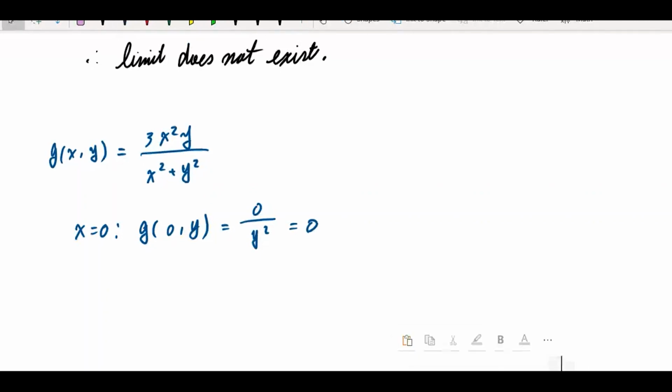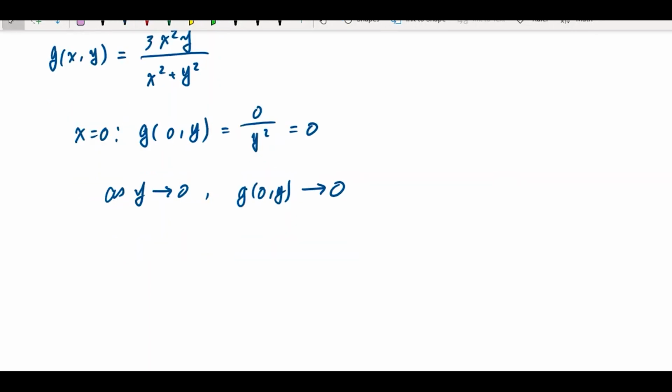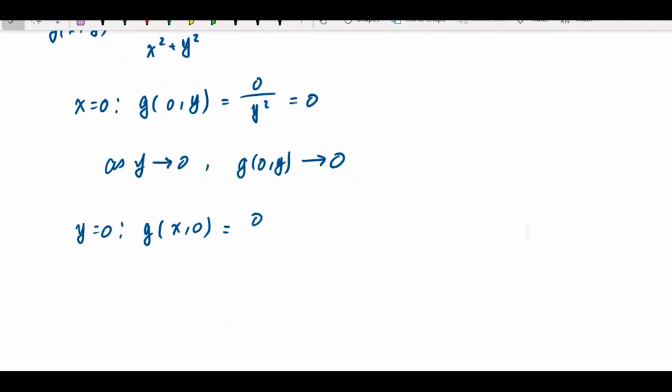So if you approach this along the y-axis, as y approaches 0, your g of 0, y will approach 0 then. Okay. What about when y is equal to 0? So g of x comma 0, that's still 0 because you still have y in the numerator over x squared.